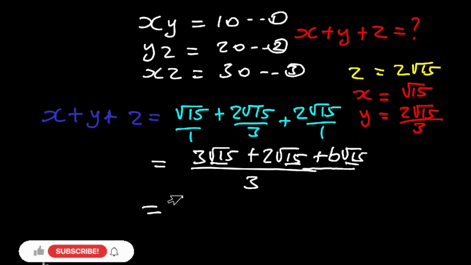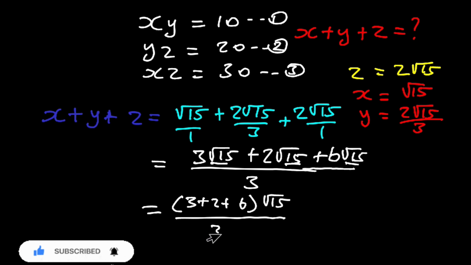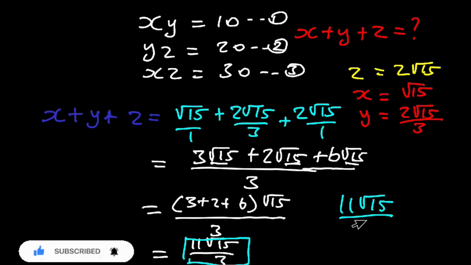If you factor it out, we're going to have 3 plus 2 plus 6 multiplied by root 15 over 3. And then this is going to be equal to 3 plus 2 is 5, 5 plus 6 is 11. So 11 root 15 divided by 3. So this is the final answer to this question. That's 11 root 15 divided by 3 is the value of x plus y plus z.